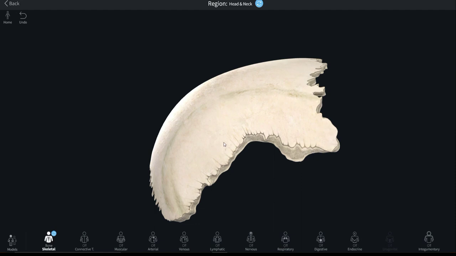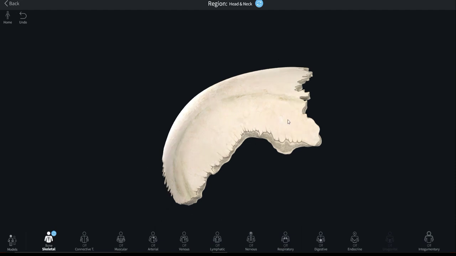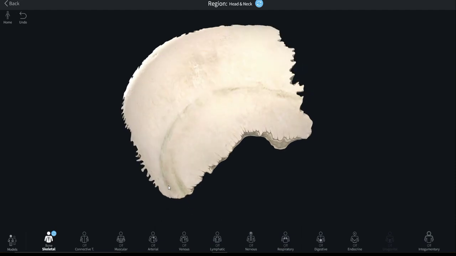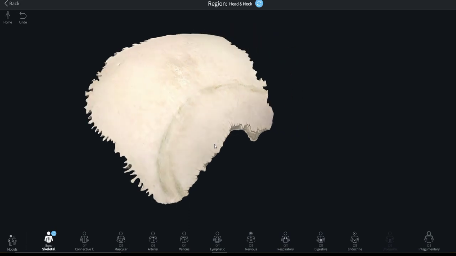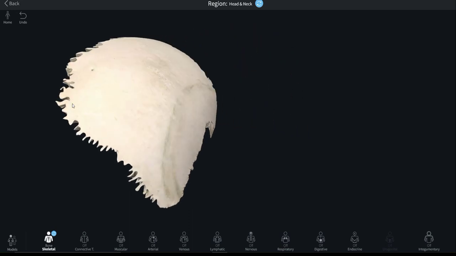Whereas the other angles are this over here, which is the meeting point of inferior border and the posterior border. So what will this be? The postero-inferior angle, right? Whereas this angle here is the meeting point between the superior and the posterior borders.